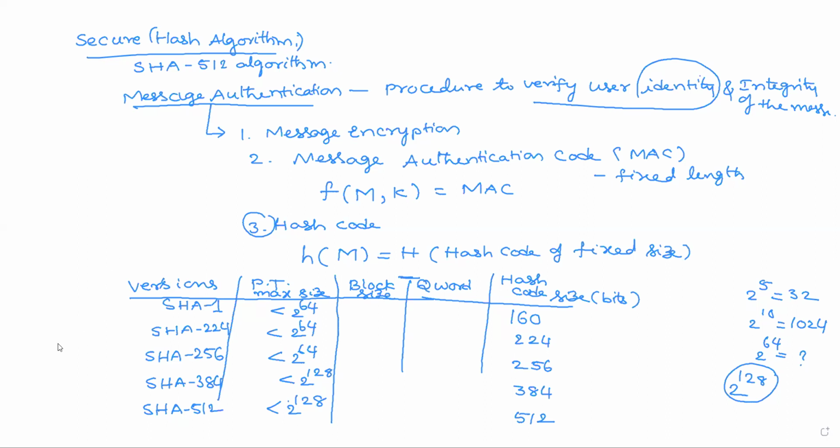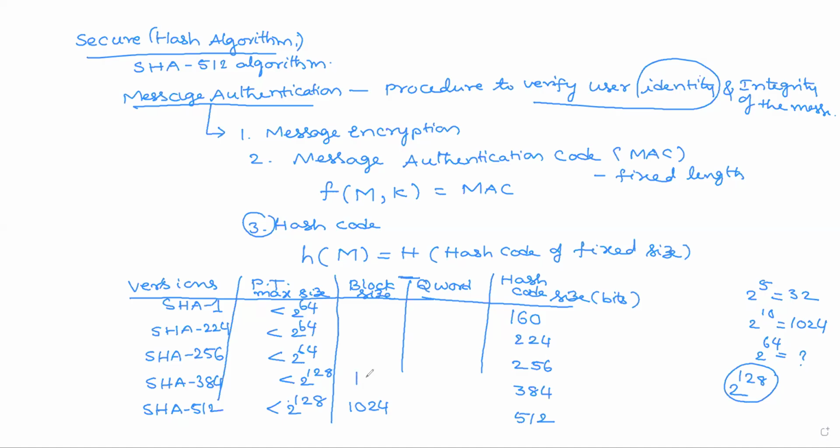So what is the block size here? Each block is of size 1024 bits if it is SHA-512 algorithm. Block size is 1024 bits.